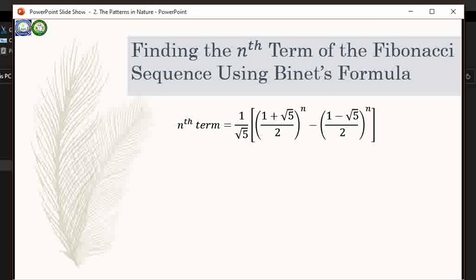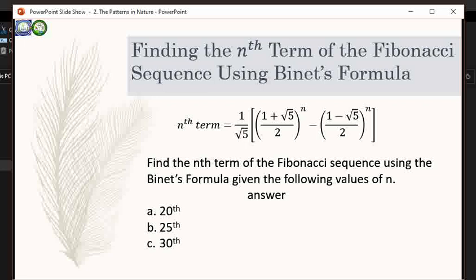How do we do that? Suppose you are to find the values of the 20th, 25th, and 30th terms. The answers to these are the following. I don't recommend solving this using a manual process. I'd recommend you use a calculator.